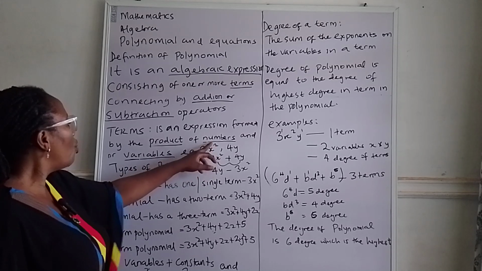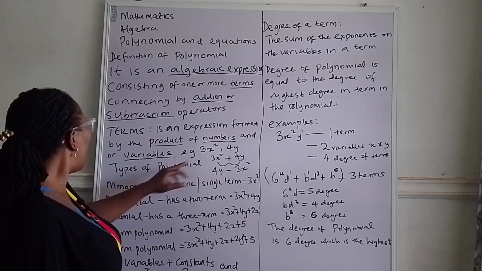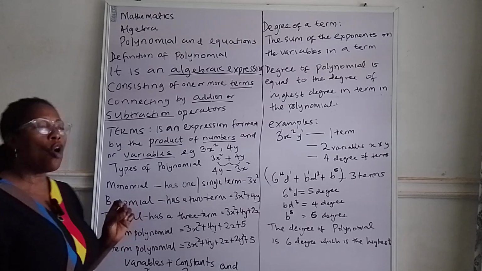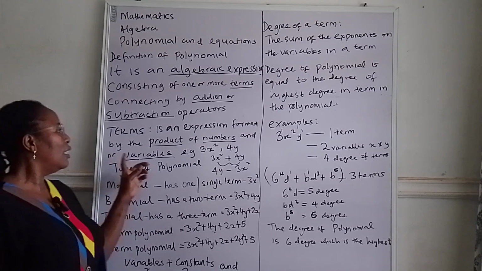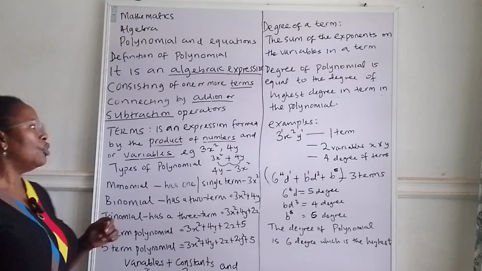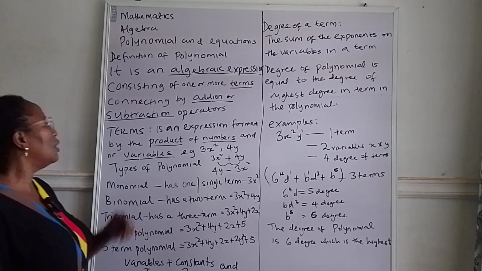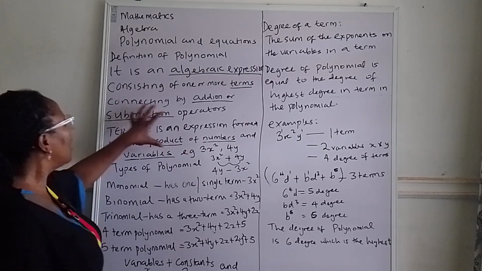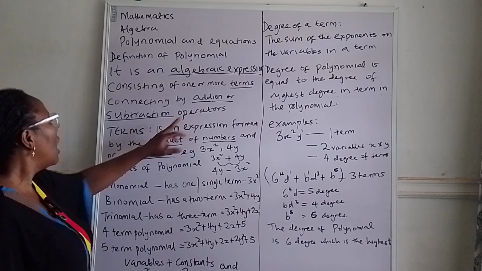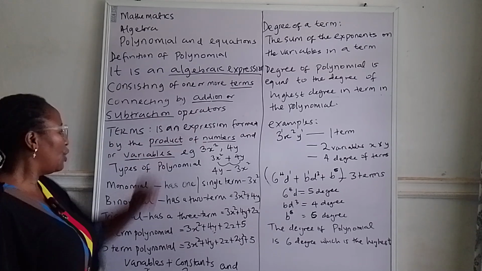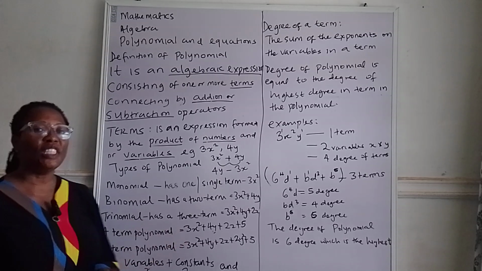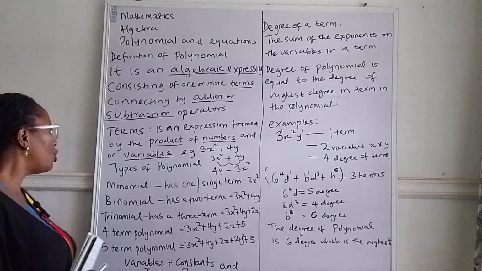So we have x squared, for example. It could be only a variable or a variable and numbers. So that is what terms mean. And these have been connected together by addition and subtraction operators.